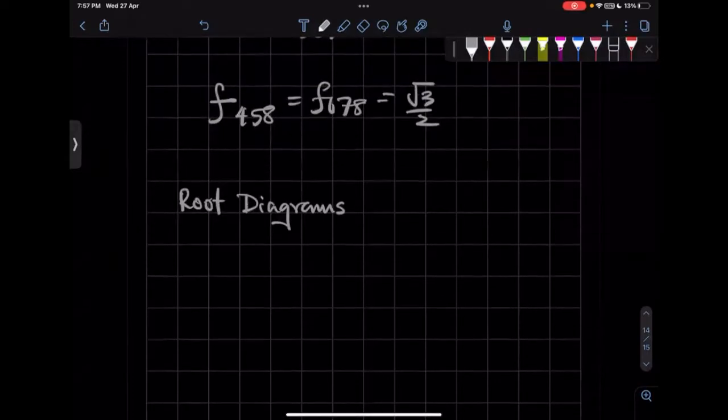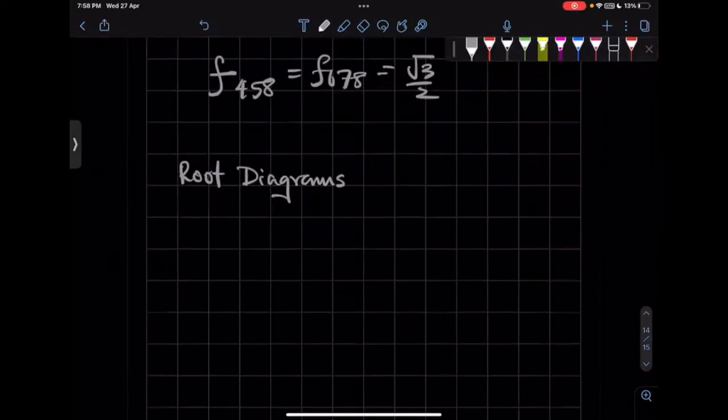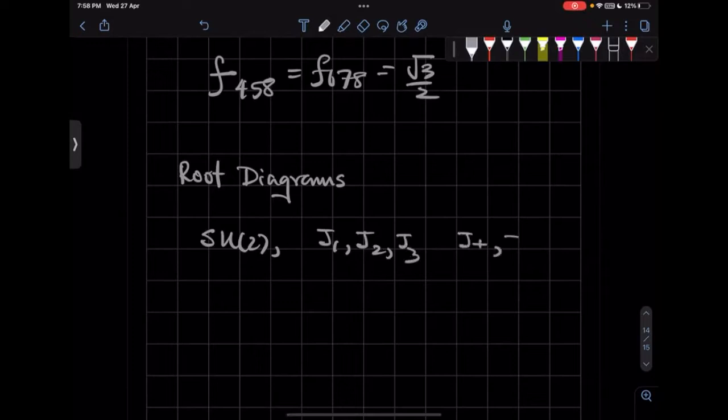So root diagrams are essentially the diagrams that encapsulate the Lie algebra. For example, for SU(2), remember that we rewrote the three generators J1, J2, and J3 in terms of J plus, J minus, and J3.